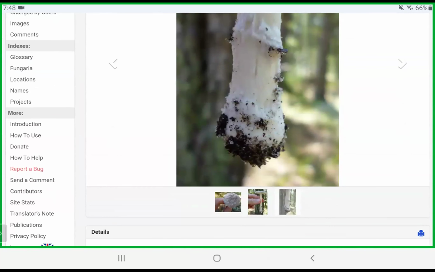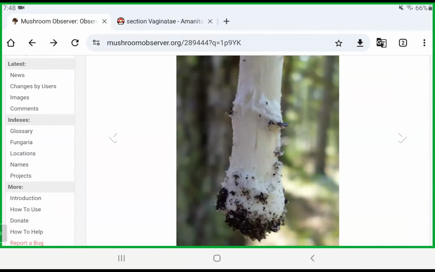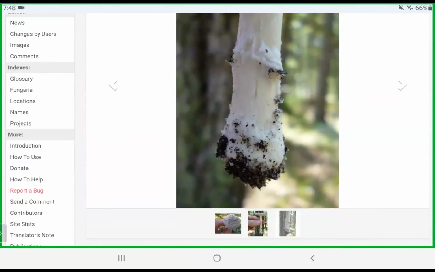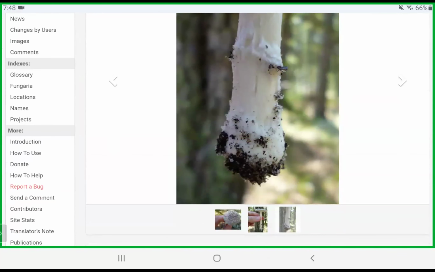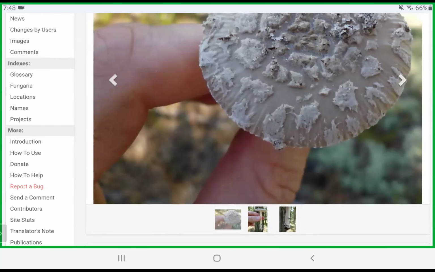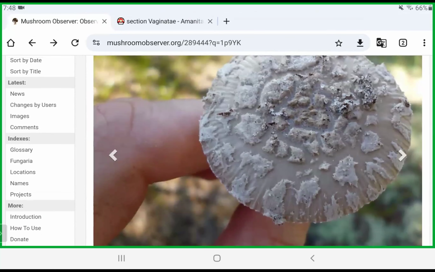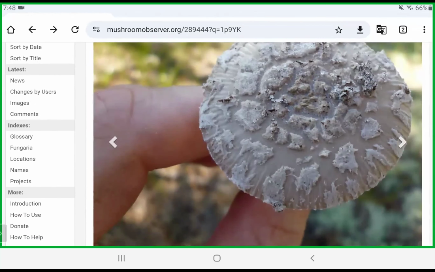So when you cut an Amanita from section Vaginatae, if it has a saccate volva, you'll see that the stipe is uniform in its thickness. It may flare out slightly at the bottom, tapering to the cap, wider at the bottom, but it's not going to be a bulb in any sense.